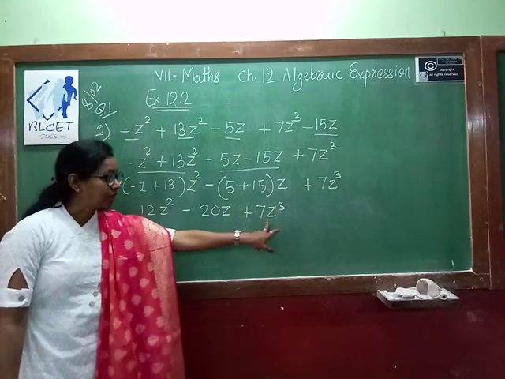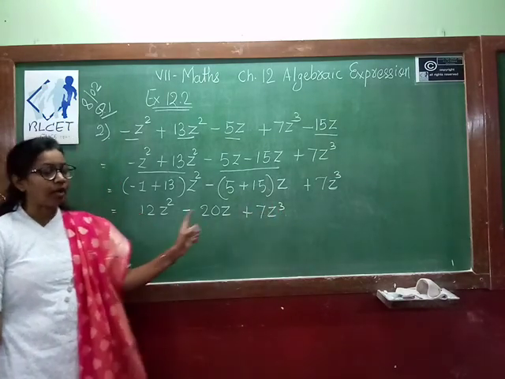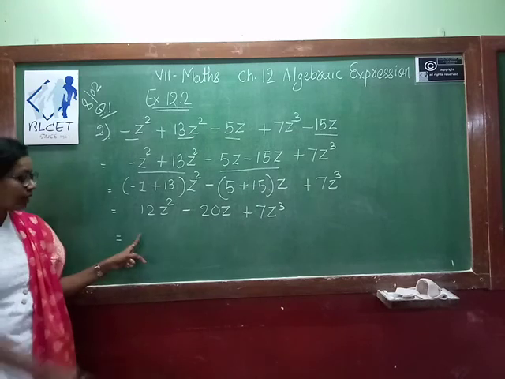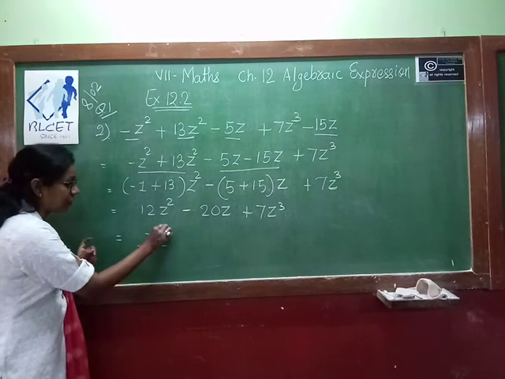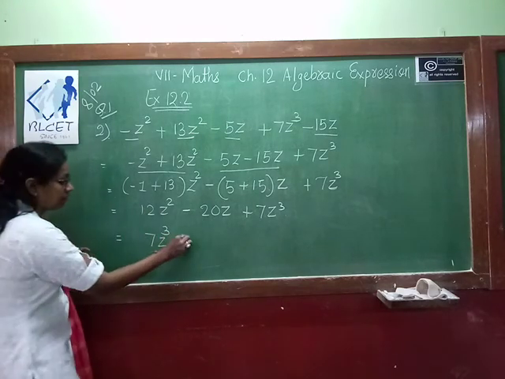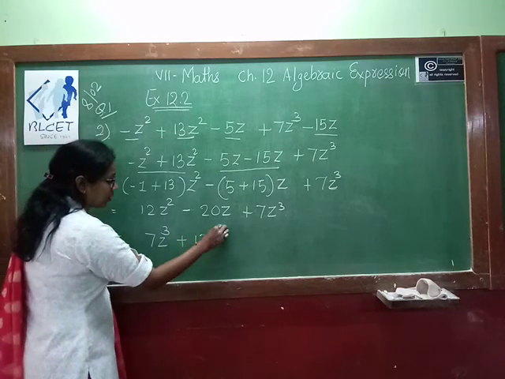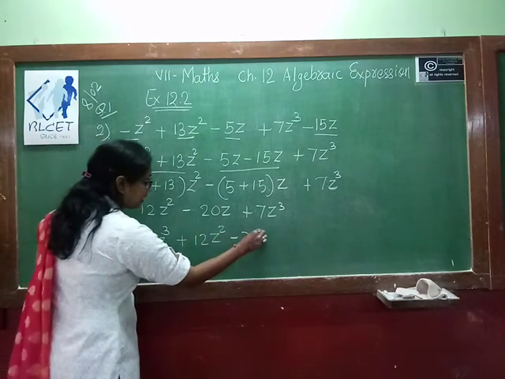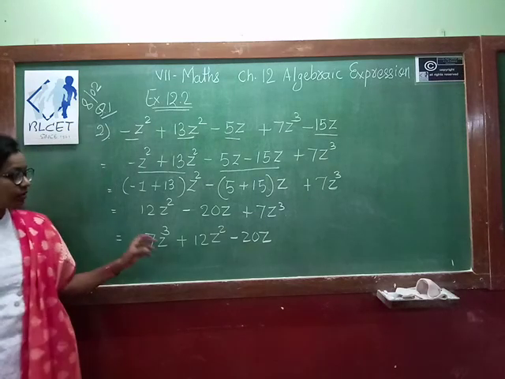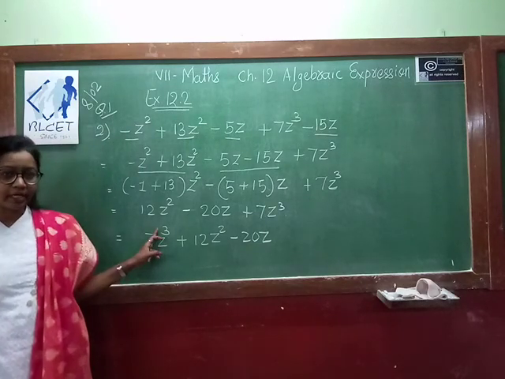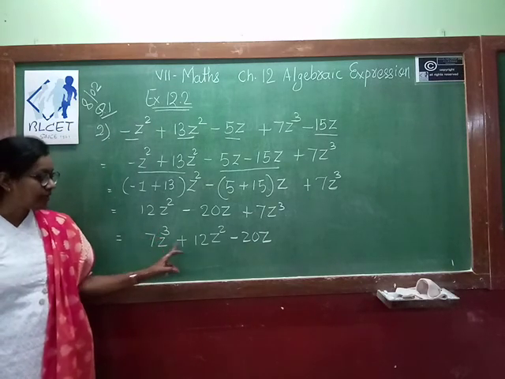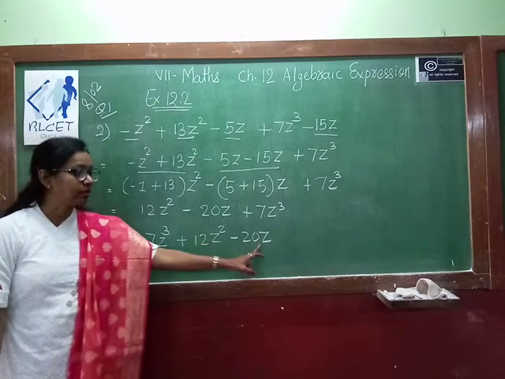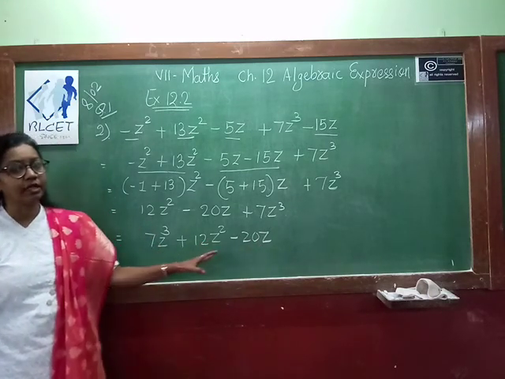The term which has greater power, you write first. So we write 7z cube first, then 12z square, and then 20z. Understood the concept? The term which has greater power we write first, then lower, then lower. This way we can write the final answer.